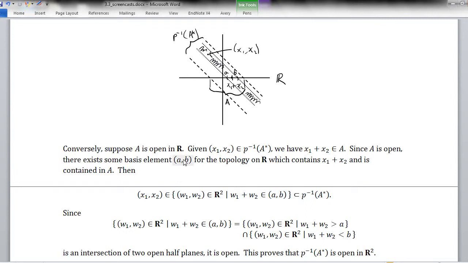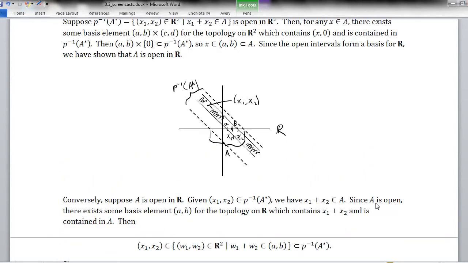We have (a, b), which contains x1 plus x2 and is contained in A. Then this point (x1, x2) is in this set because x1 plus x2 is in (a, b), as we just assumed. And then this set is a subset of P inverse of A star because, well, what was P inverse of A star?